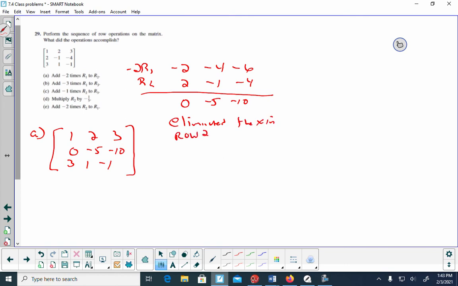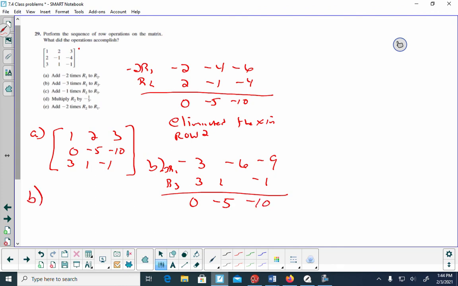Then the next thing they want me to do for part B is add -3 times row 1. So I'm going back up here and multiplying that by -3. So -3, -6, -9. And I'm adding that to row 3, which is 3, 1, -1. And when I do that, I get 0, -5, -10.